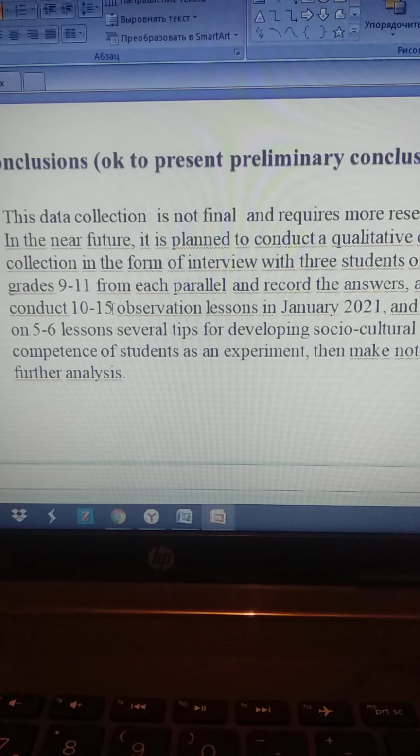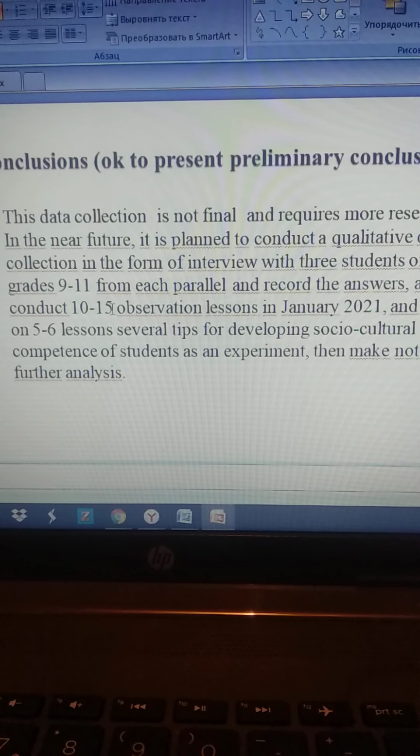It will be in January 2021, and I want to use several tips for improving socio-cultural competence of students, and I also want to conduct an experiment of 5-6 lessons.